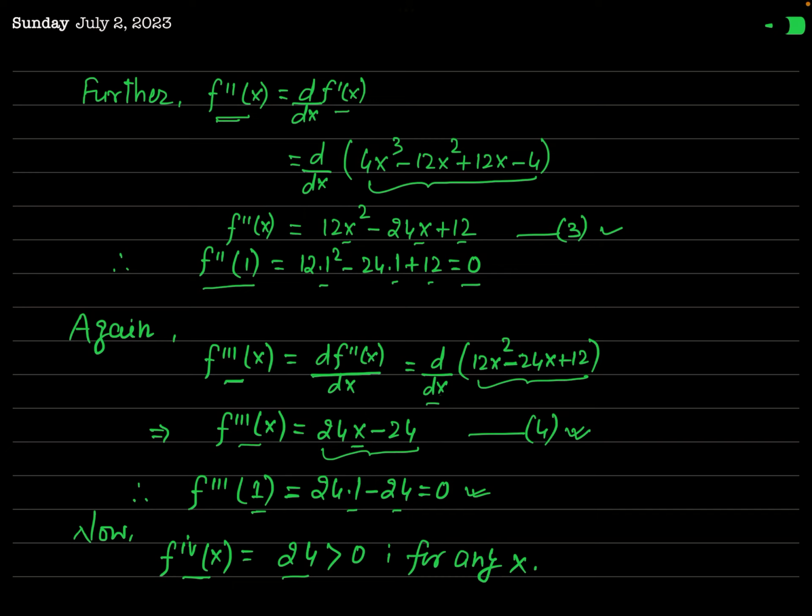You can see 24 is a positive number, so it is greater than 0 for any value of x. It is independent of x.